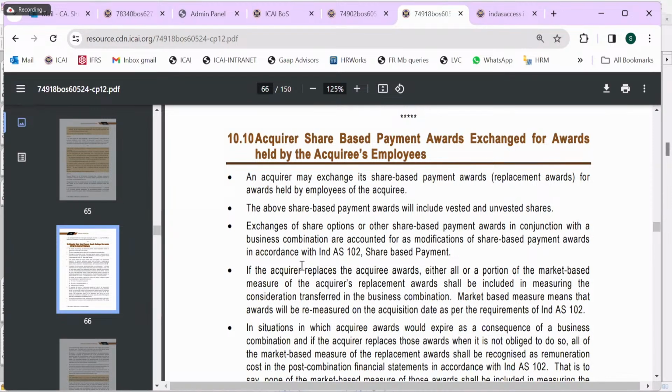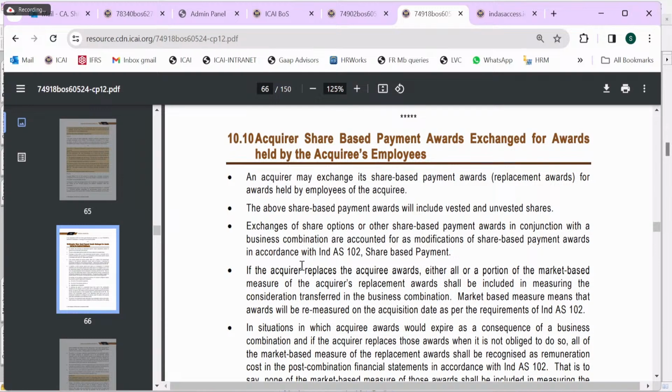In such a case, these awards are termed replacement awards. So hereafter, I'll be using the term replacement awards. These share-based payment awards will include vested and unvested shares. Here the case is 3 years is vested and 1 year is unvested.